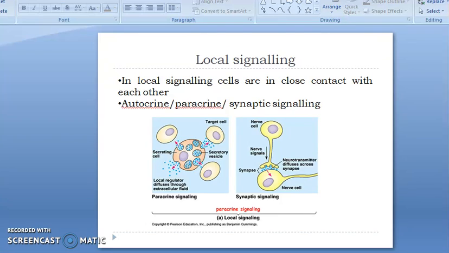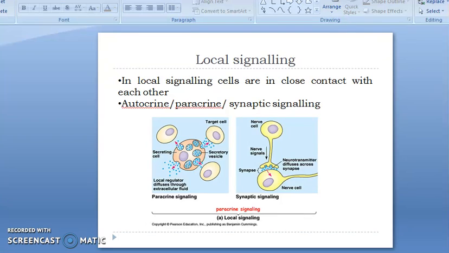As depicted in this picture, in autocrine, or self, a chemical mediator is released in a particular cell. If it chooses its own receptors on the plasma membrane and alters the activity of its own cell, it is autocrine.